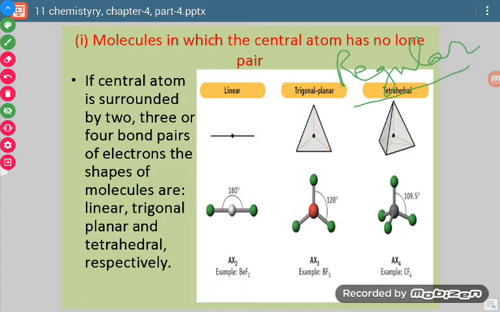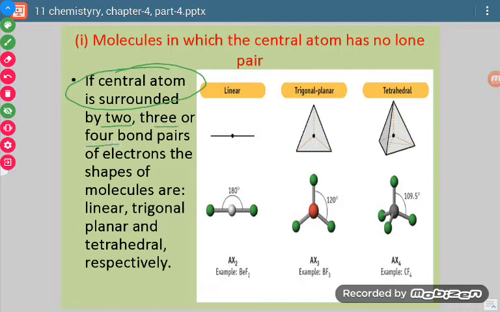Here we have taken three examples. If the central atom is surrounded by 2, 3 or 4 bond pairs, we are talking about molecules in which there is absence of lone pairs. So what will be the geometry?